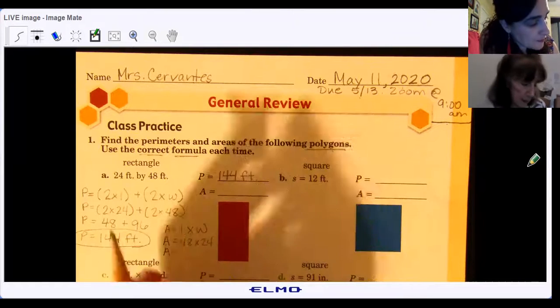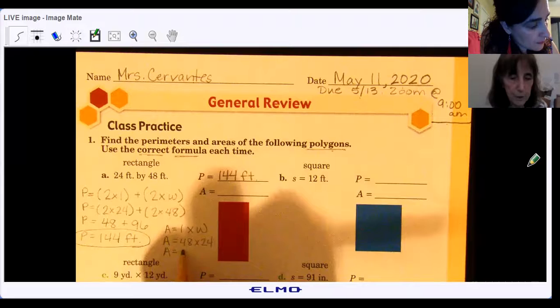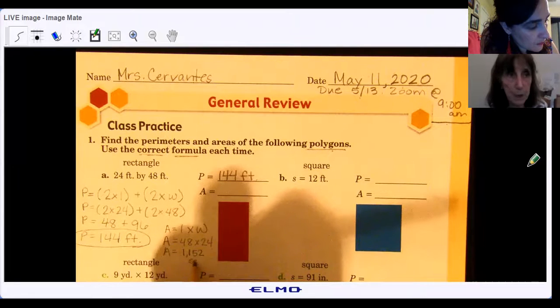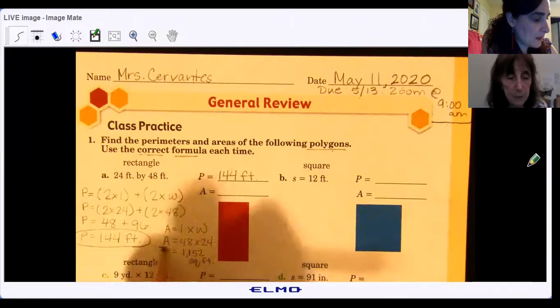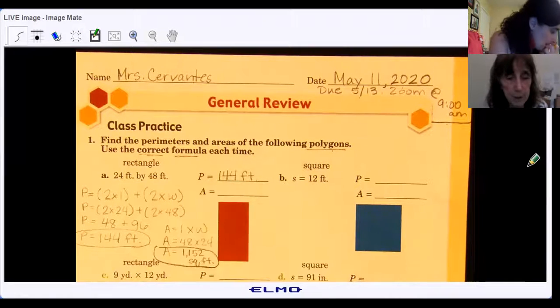And your area is 1,152 square feet. Remember, when you're multiplying, it's square feet. You have to label it square feet. If you don't, it's points off.